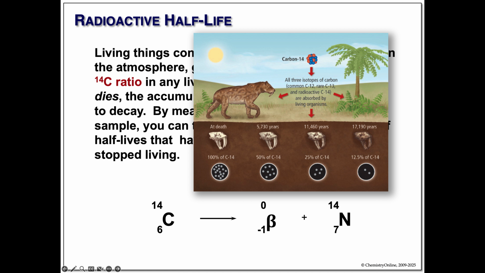Another 5,000, 25, 12 and a half, etc., etc., etc. By measuring the ratio of C14 to C12 in a sample, you can tell exactly when the living sample died. That's very useful. Any questions?